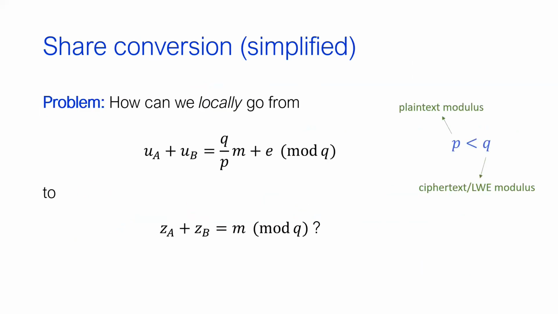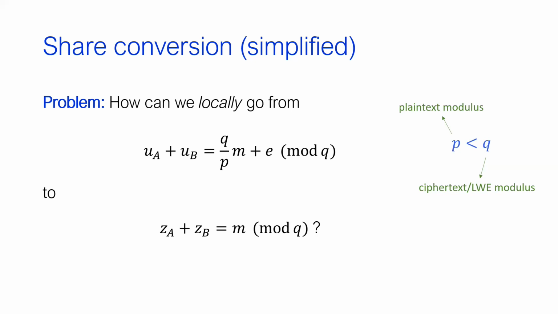Let's take a closer look at this problem with some simplified notation. Suppose we have this initial equation. Alice holds a share UA and Bob holds a share UB, which add up to this expression, Q over P times a message M plus some error or noise.